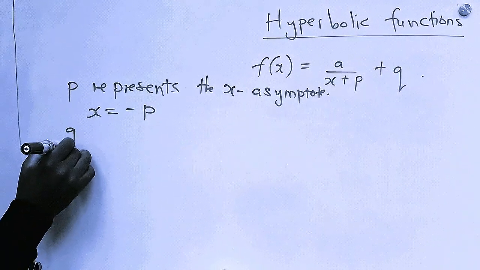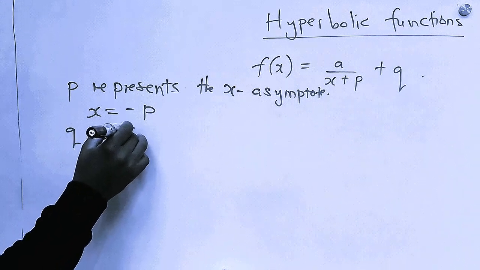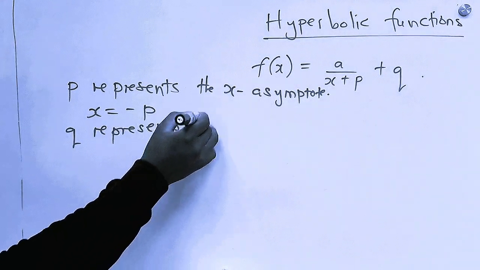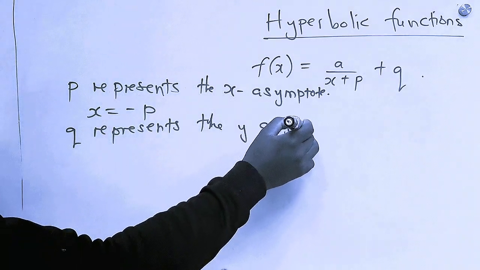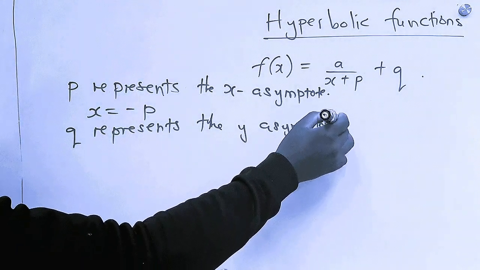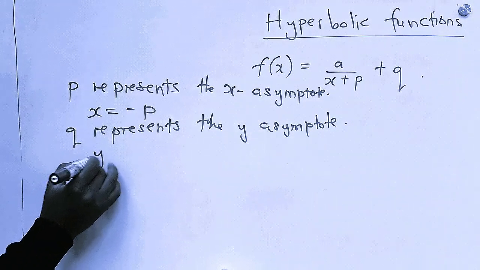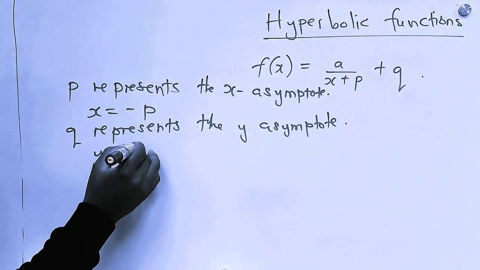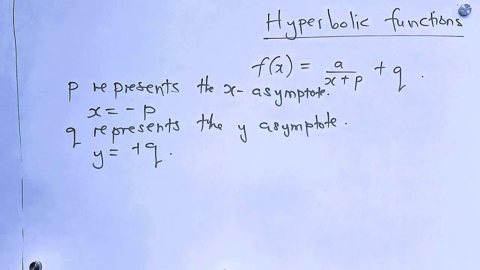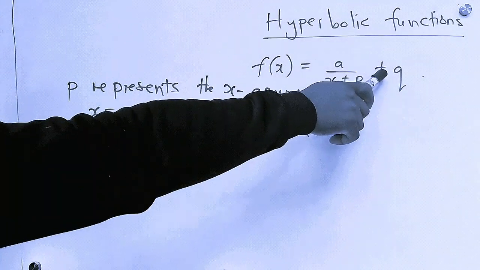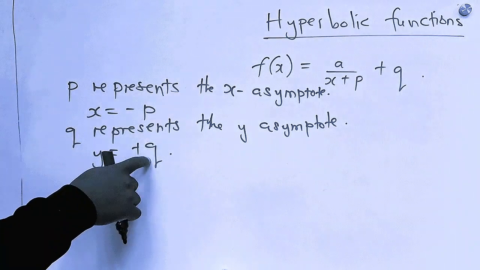Then q represents the y asymptote, which is y is equal to positive q. It's positive q, but if it is negative here, your asymptote will be negative q.